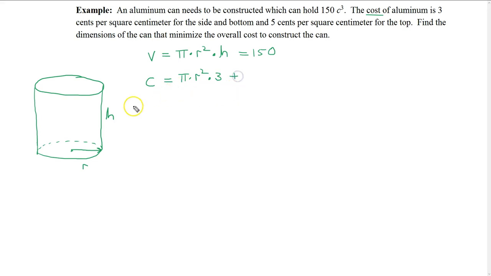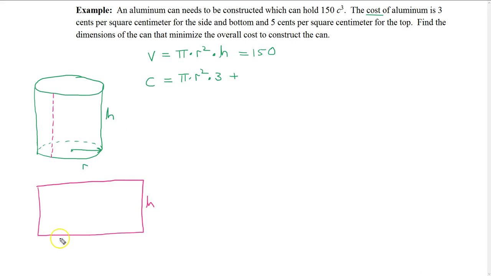Now we have to add the cost of the side of the can. Well, to find out the area of the side, think of taking this can and slicing it open along a seam like this and unrolling it. And when you do that, what you're going to get is a rectangle, right? This is going to be the height of the can. That's the h.